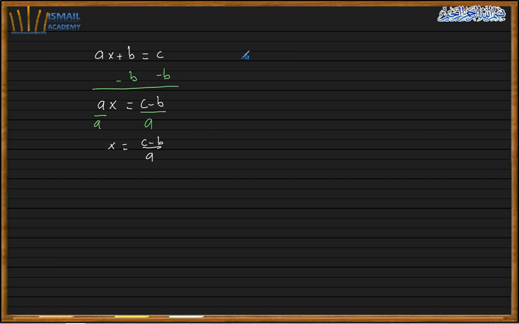If I have, for example, x over a plus b equals c, we don't multiply first. You see, the order says subtract or add first.